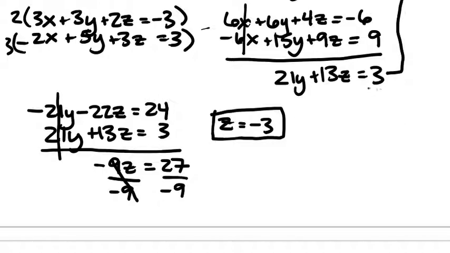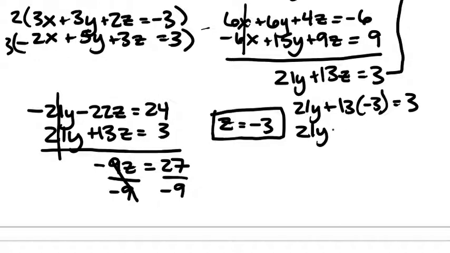So to find y, I can plug into either of these two equations right here that have just the y and z in them. I can plug in for z and then solve for y. So I'm going to pick the one that's right above here, 21y plus 13 times negative 3 equals 3. So plug in negative 3 for z and then solve. Sometimes the numbers on these can get a little bit ugly.